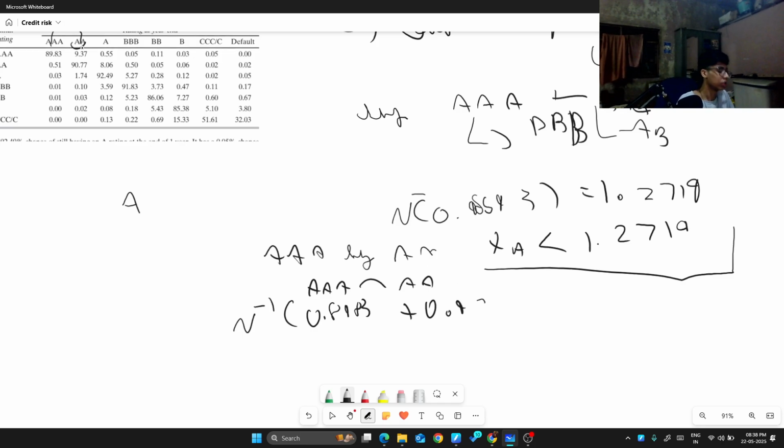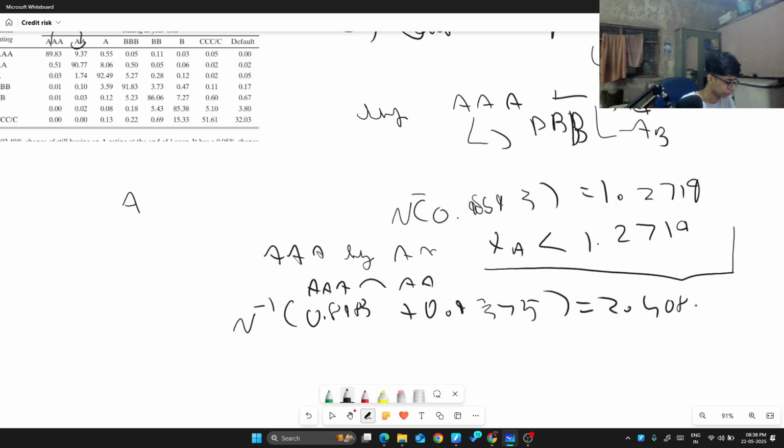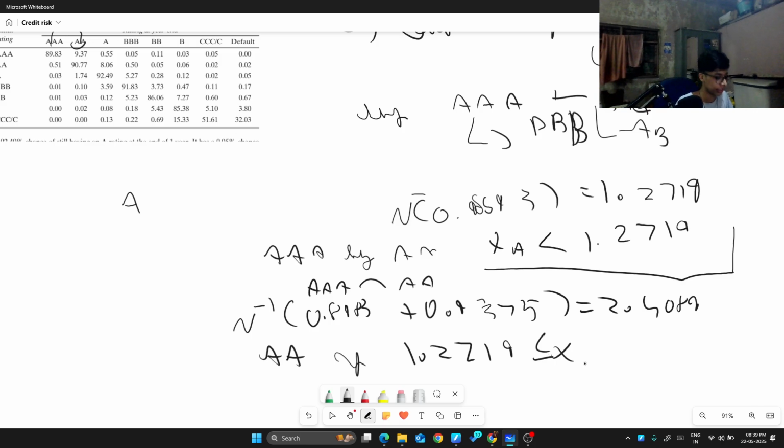If we transition into this, 0.9375, that equals 2.4089, and our new condition becomes: it stays AAA if it's between 1.2719 greater than XA greater than 2.408. And this way you can find the new probability of default if the rating has been changed.